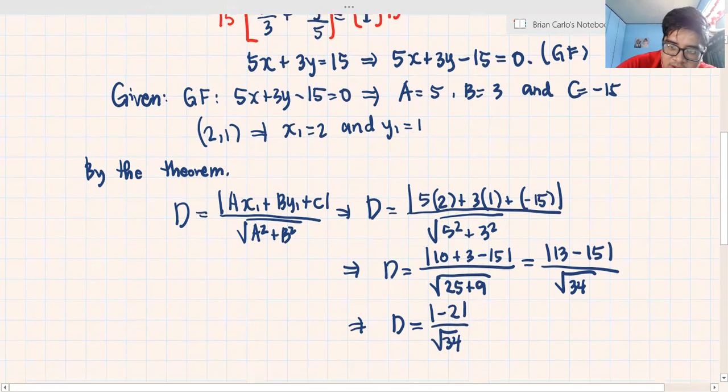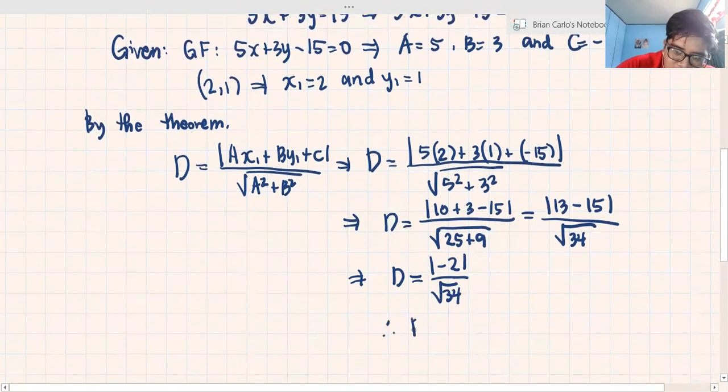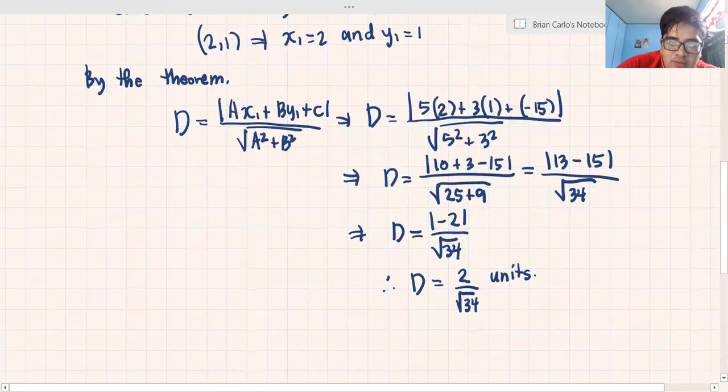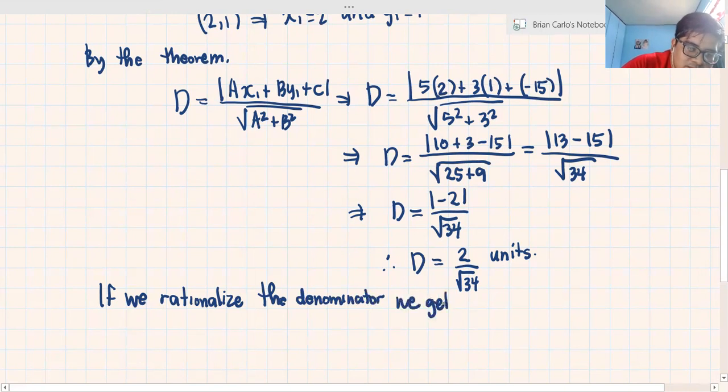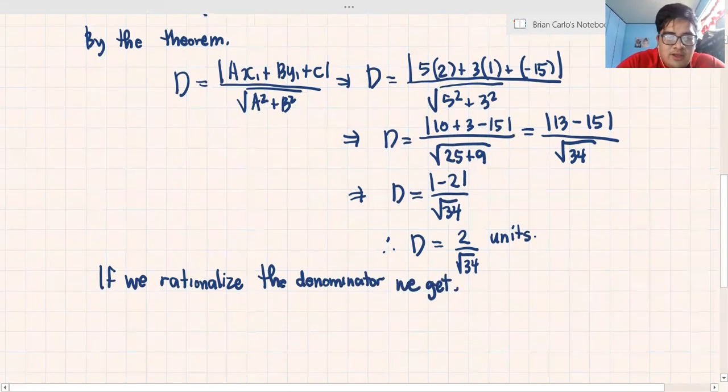Ano ba absolute value of negative 2? It is, therefore, the distance between the line and the point is d is equal to 2 all over square root of 34 units. Naalala niyo yung rationalize, if we rationalize the denominator, we get, naalala niyo sa Gen Math or Junior High School Math, gagawin natin, d is equal to 2 over square root of 34.